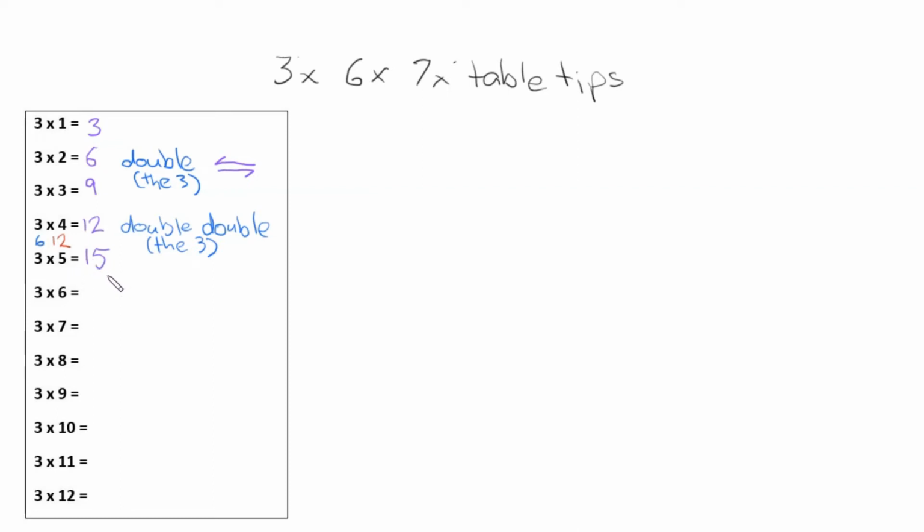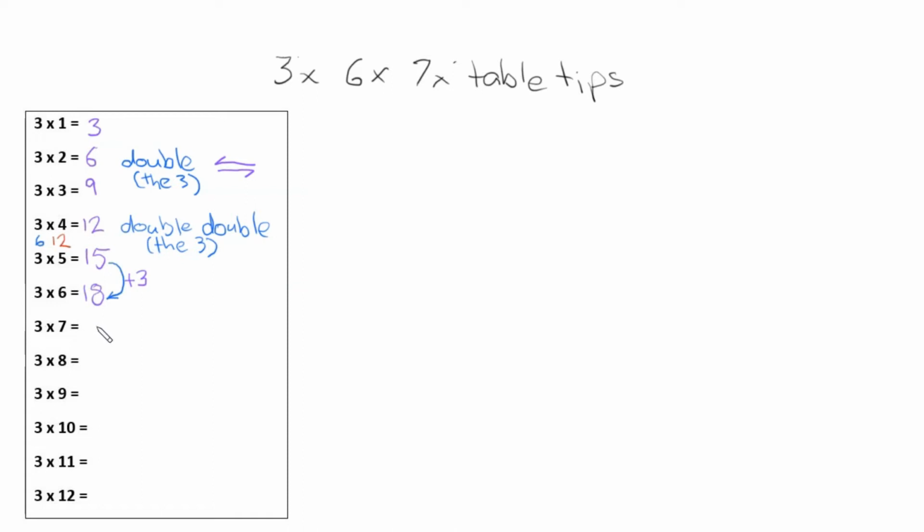All I need to do now is just add one more 3. And then you get your 6th group of 3. And if I add 3 to 15, I would get 18.